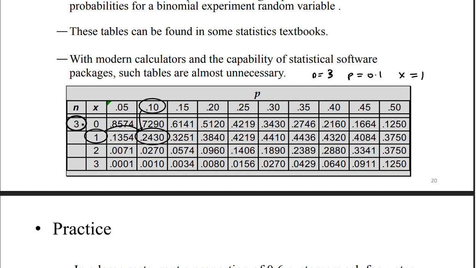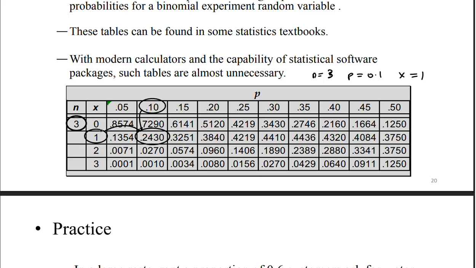We look up the value of x under n, and for the 3, we have the values of x equal to 0, 1, 2, 3. Somebody will ask, why did we end at 3? We can't go more than the number of participants, right? So the number of successes for 3 will always be the last value there.